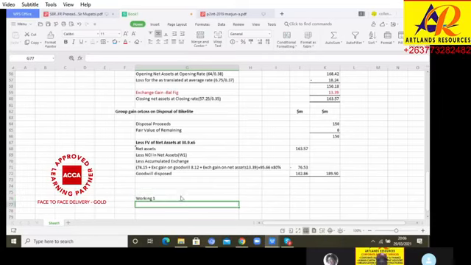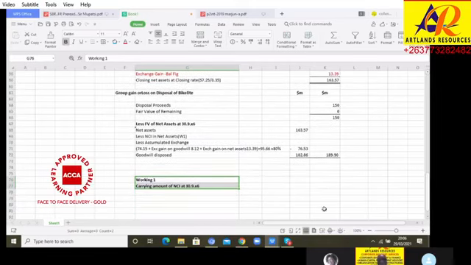I then say carrying amount of NCI at 30 September x6. So what is the carrying amount of NCI at 30 September x6?